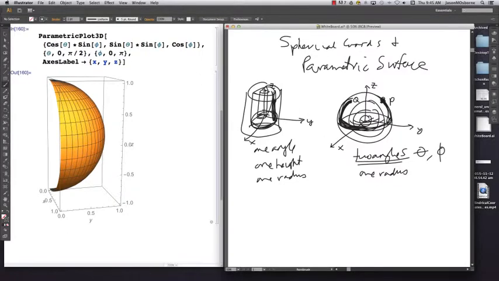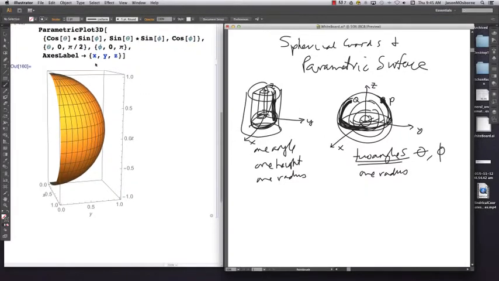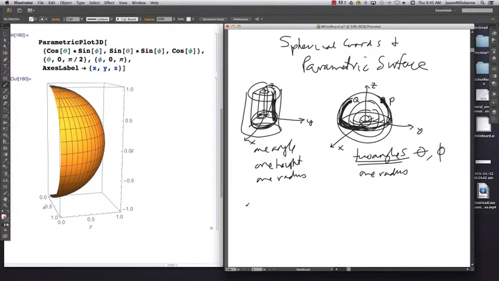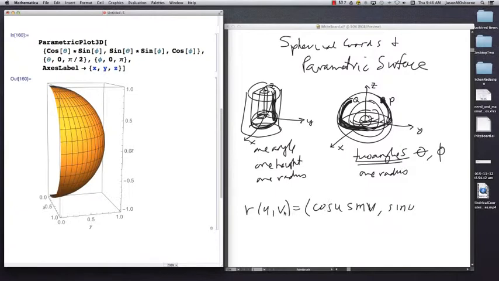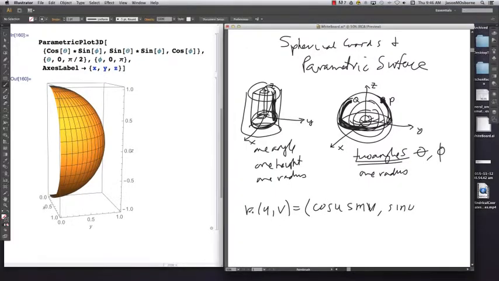Over here I have the parametric description. I'm going to write down this function, r of u comma v. This is a slightly more complicated function. Okay, let me write this in terms of the thetas.